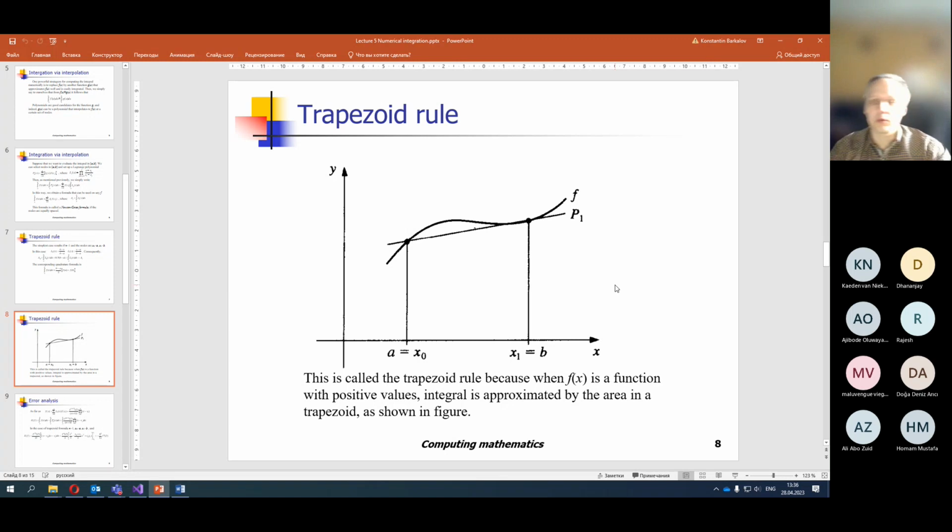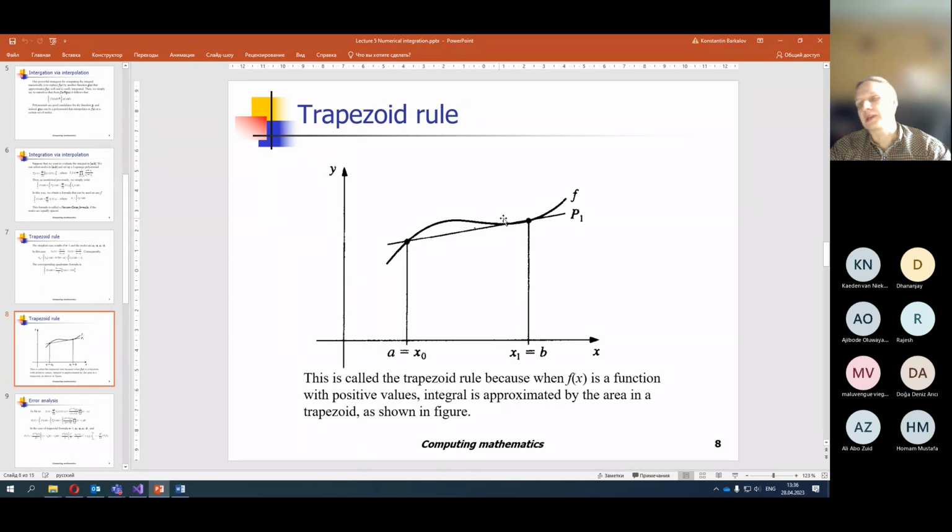And if you remember, in the first lesson we discussed the geometric meaning of the integral. The geometric meaning of the integral is the area under the curve between these two points.